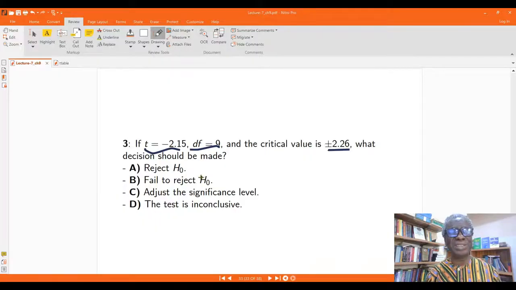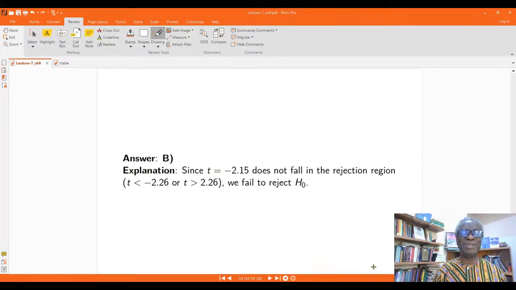Will you reject H naught, fail to reject H naught, adjust the significance level, or is the test inconclusive? In fact, you should first of all do away with D. In hypothesis testing, for t and for F, the test is always conclusive. So B is the correct answer in this instance.